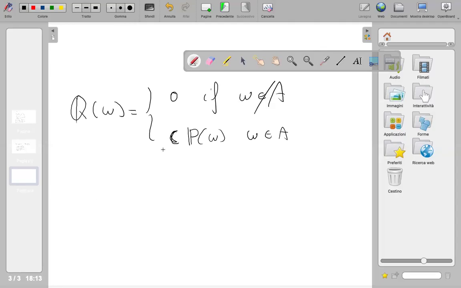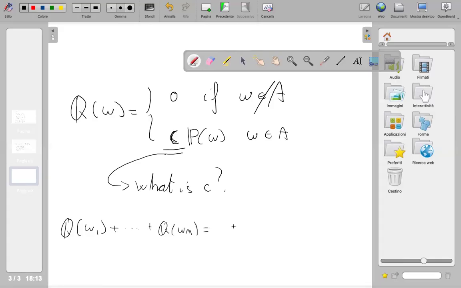But what is this constant C? Well, we can compute it by imposing that Q of omega 1 plus ... plus Q of omega n is equal to 1.